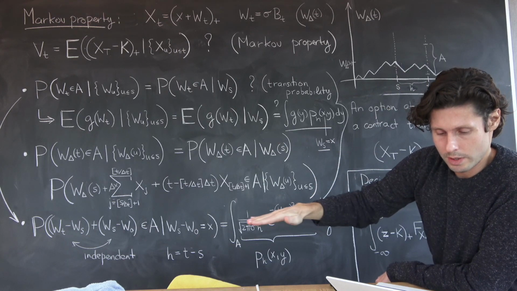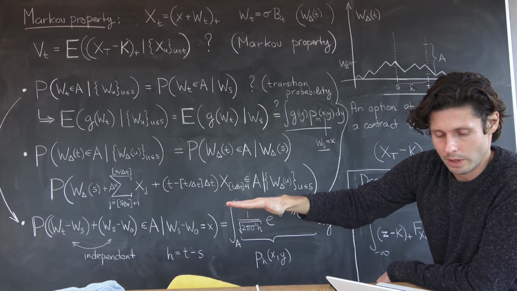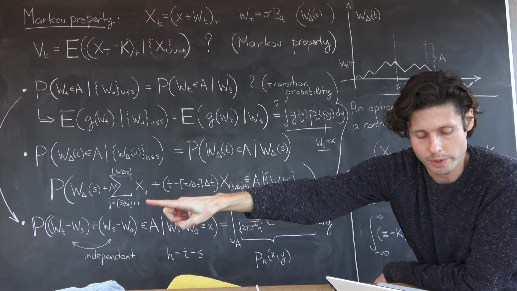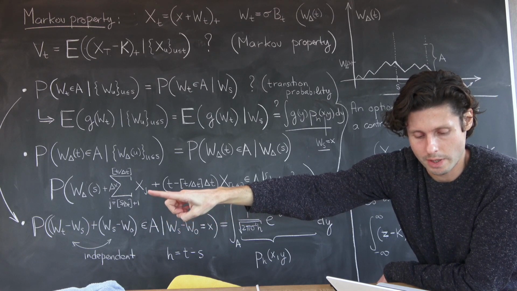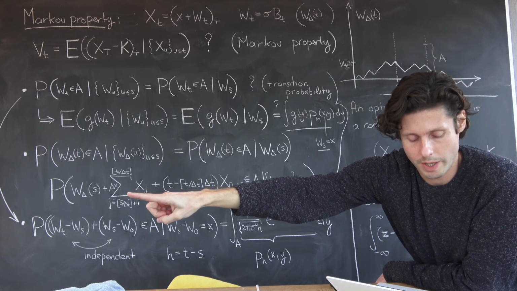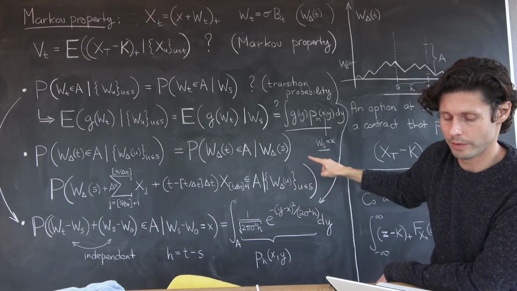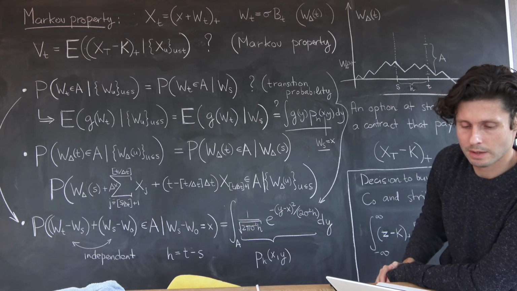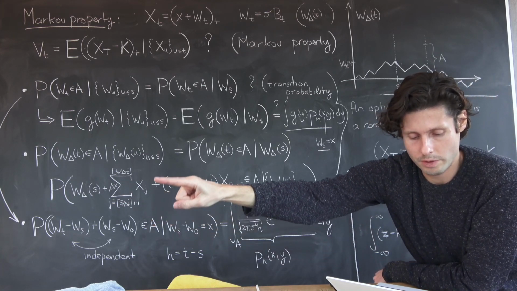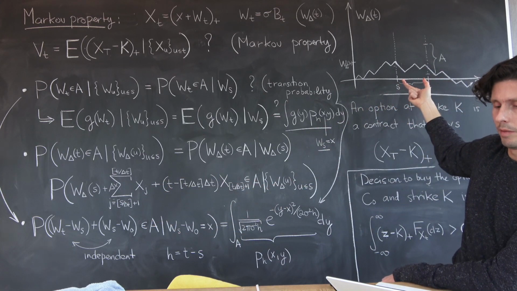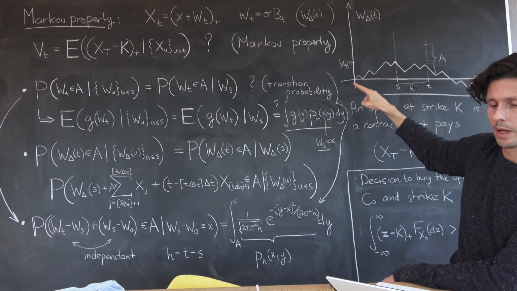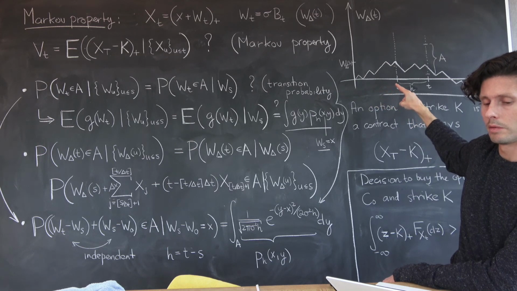And so what does this conditional probability really look like? Well, it looks like we definitely need the value W_s. We knew that was going to happen. We're going to have to rely on, from all of the random variables in here, this one, W^δ at time s. But the rest of the path, everything that's in the sum, is completely independent of everything that happened before, from time 0 to s.